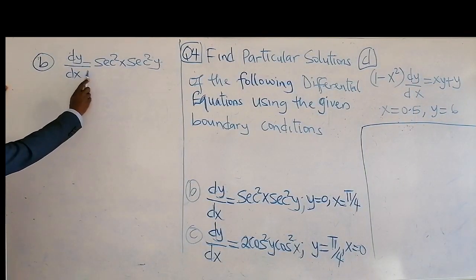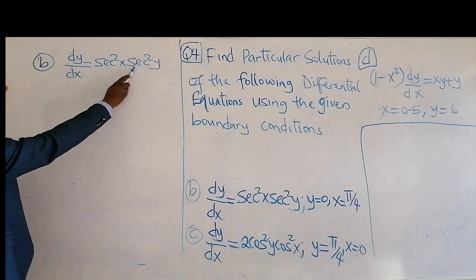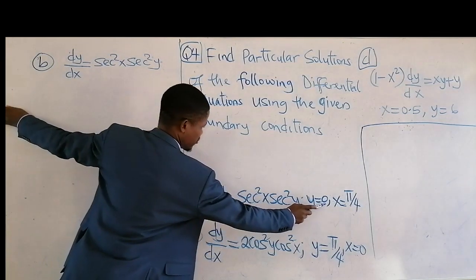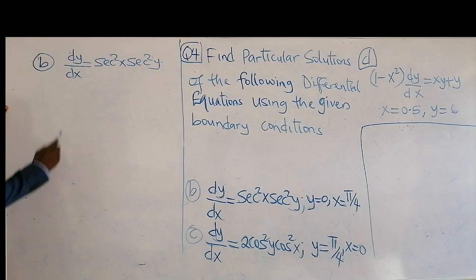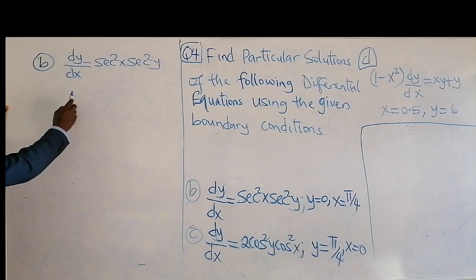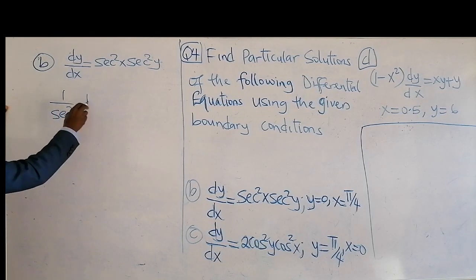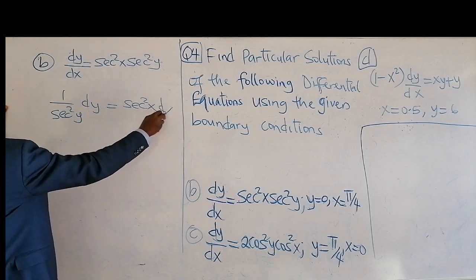For the b part, we have dy/dx equal to sec square x sec square y. And we have the boundary condition, y is equal to 0, x is pi over 4. So let's separate the variable. This is a first order differential equation. So we're going to have 1 over sec square y dy equal to sec square x dx.